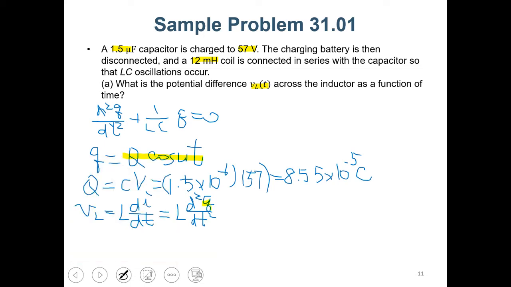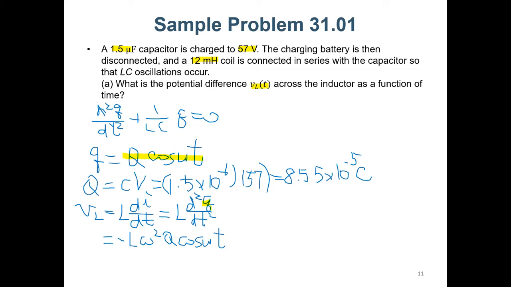We will have, from the second derivative, L omega square Q, and then we have minus L omega square Q cosine omega t. Because for cosine omega t, we take the first derivative, which will be minus sine omega t, and then one more derivative, which will become minus cosine omega t. So we have a minus in the front.